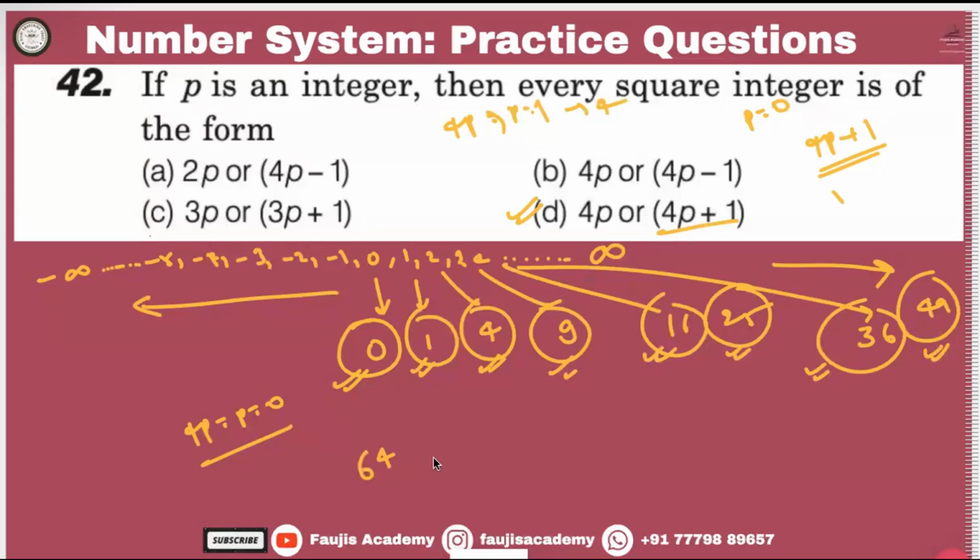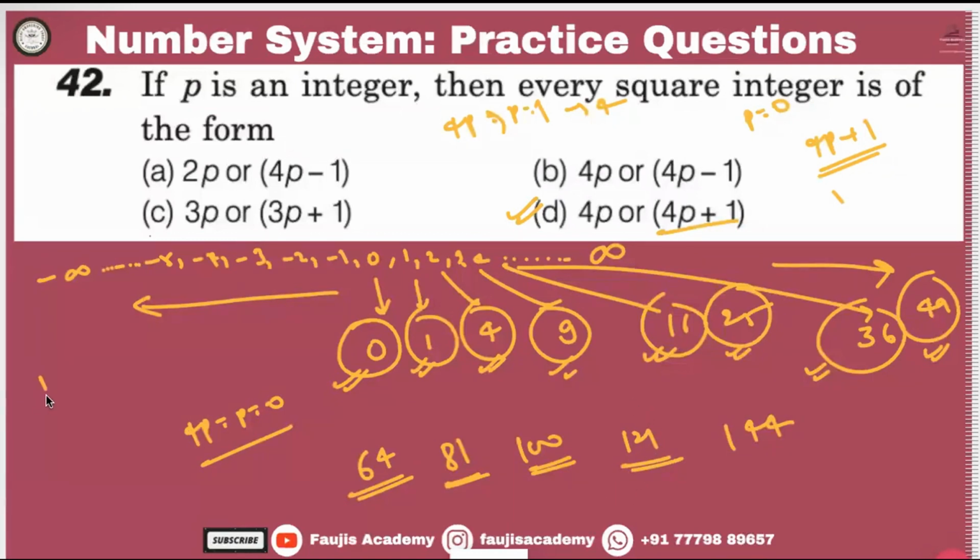7, 8, 64, 9, 81, 100, 10 square, 11 square. 11 square is how much? 121, right? Then 144, right? This is in the form of 4P, divisible by 4, that is why it is 4P. 4P plus 1, 80 plus 1.